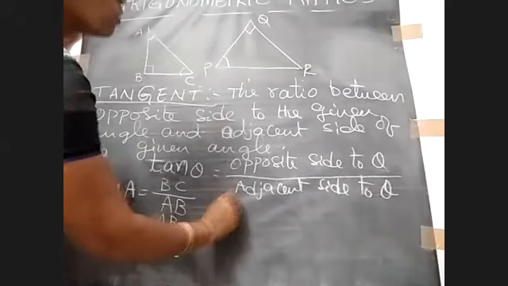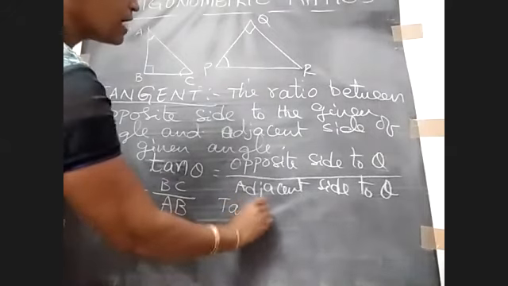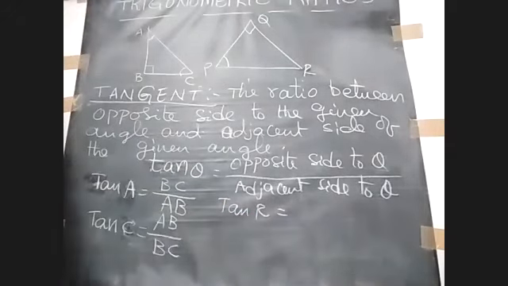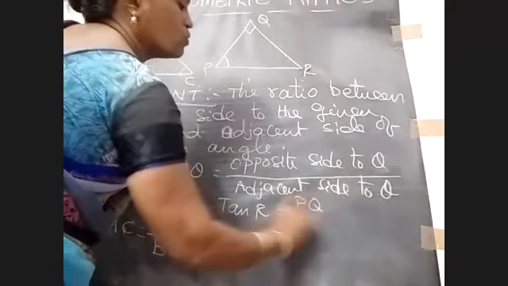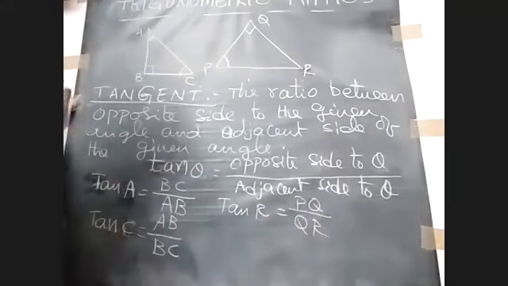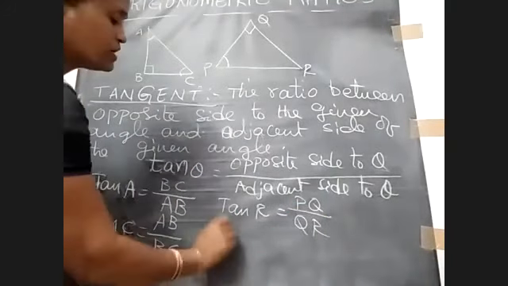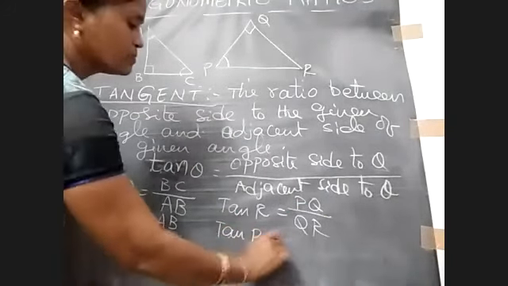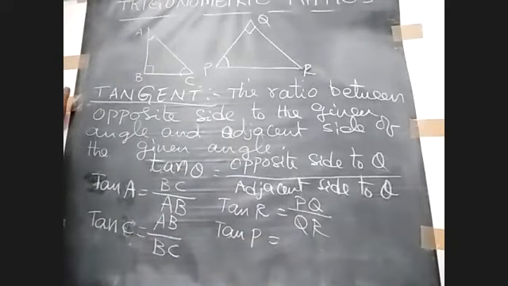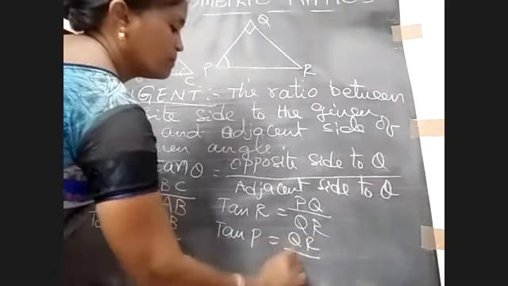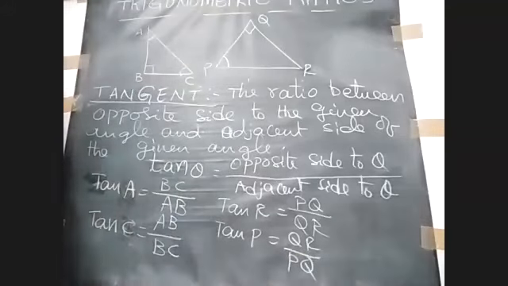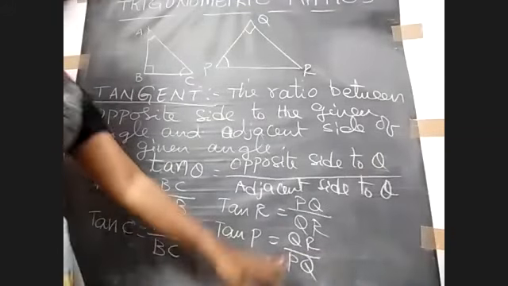And what is tan R? PQ by QR. And what is tan P? QR by PQ.